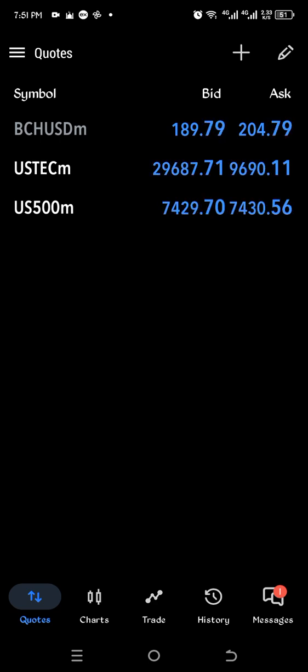Most importantly for this experiment, I have opened up a 100,000 Uganda shillings demo account that I'm going to be trading with, and I want to see how much I can run it to by risking 10k daily, which gives me a total of 10 trades before I blow it up.